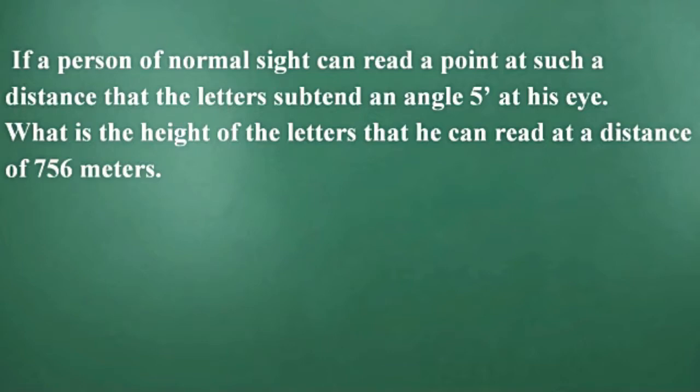So if a person of normal sight can read a point at such a distance that the letters subtend an angle of 5 minutes at his eye, what is the height of the letters that he can read at 756 meters?